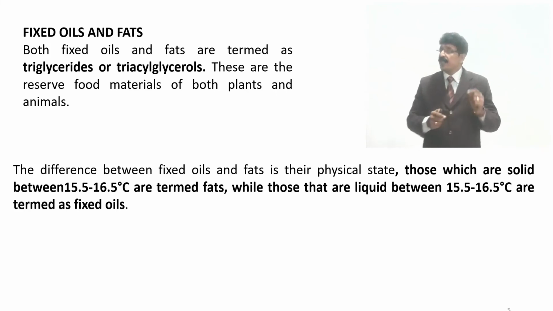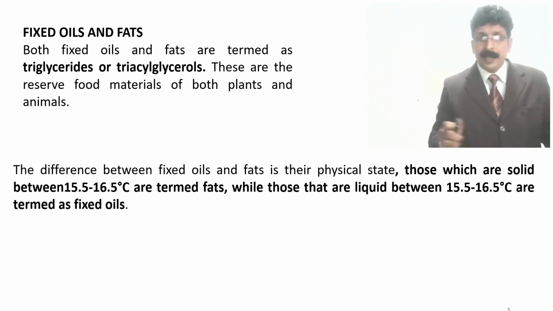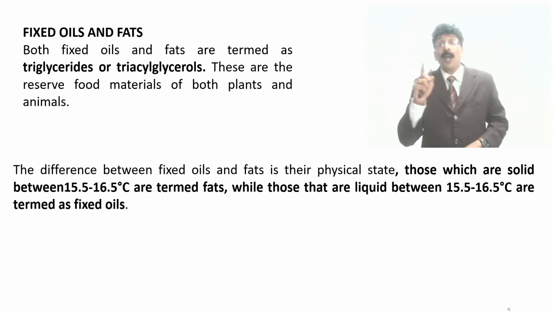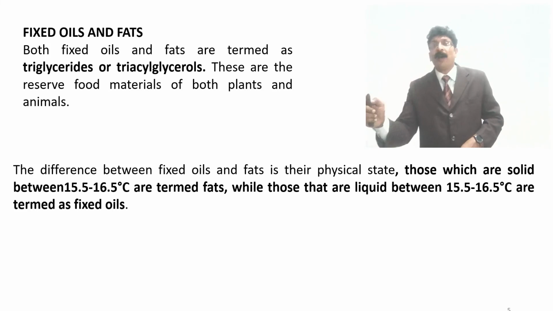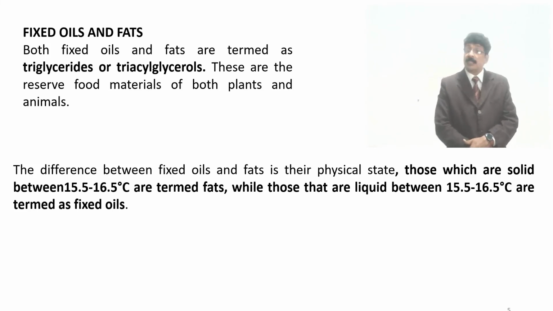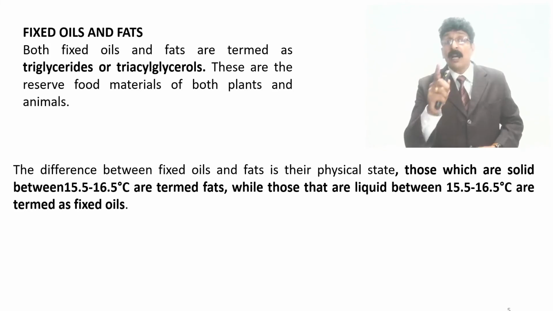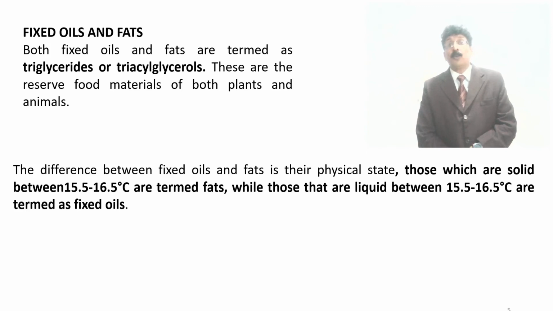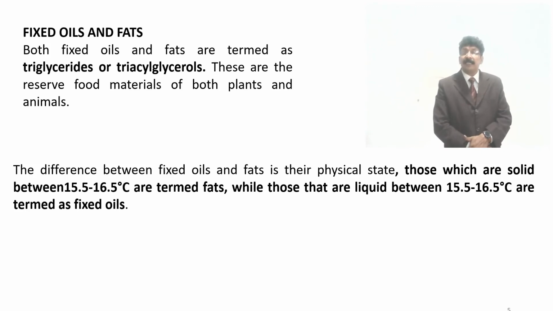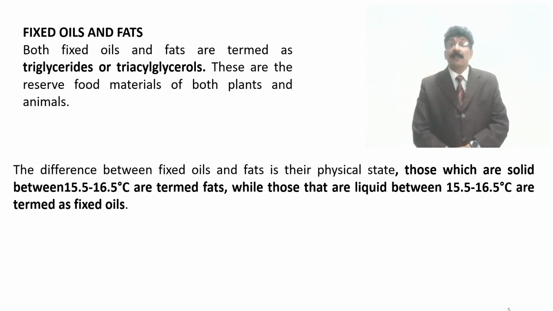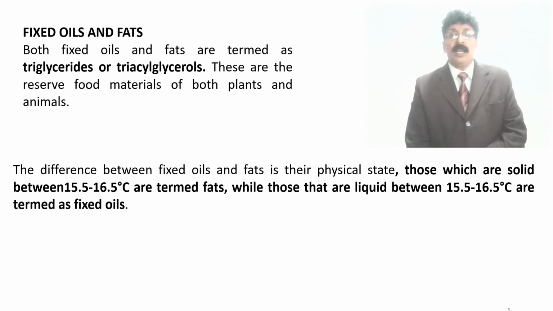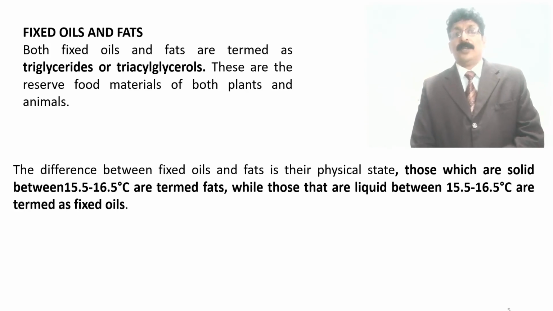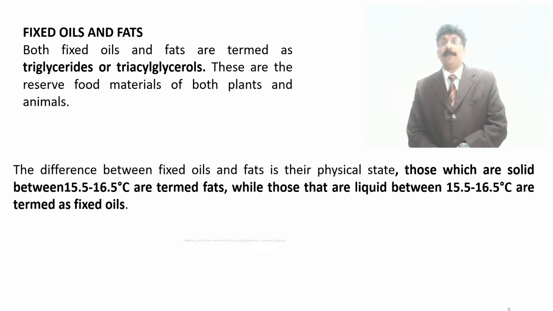Those which are solid between 15.5 to 16.5 degrees centigrade are termed as fats, while those which are liquid between 15.5 to 16.5 degrees centigrade are termed as fixed oils. So, by this they can be differentiated.